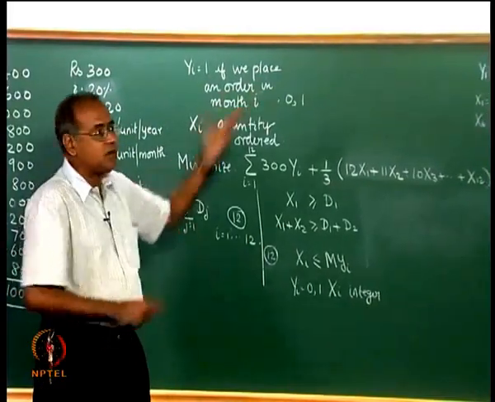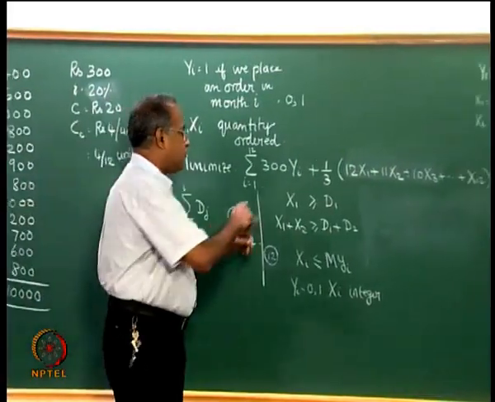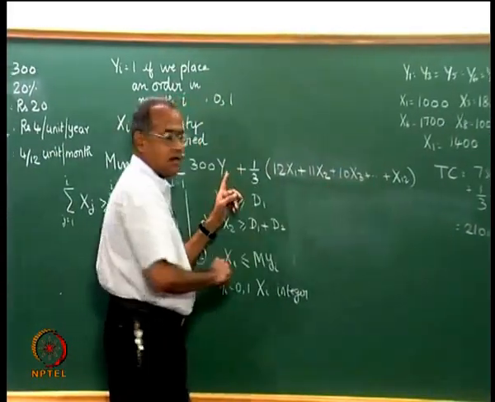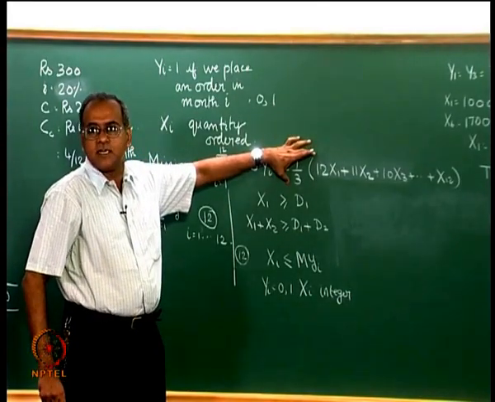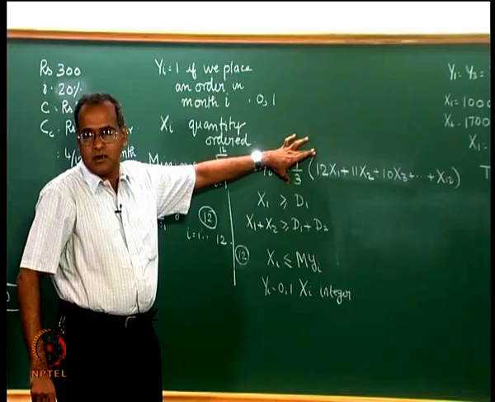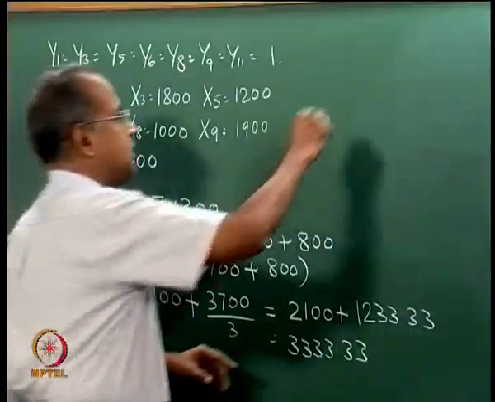Does the solution change if we do that? So let us go back and first write the equivalent of this term if we consider average inventory and not the ending inventory. So let us write that portion here.